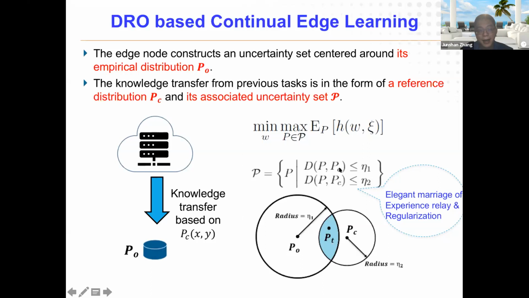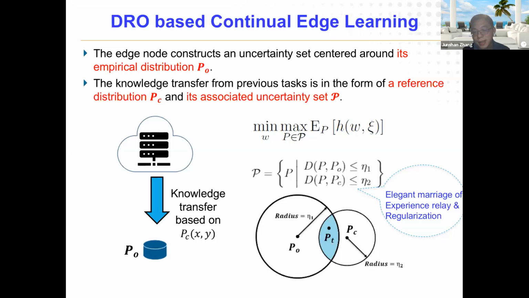The problem for continual edge learning then reduces to choosing the right model subject to the constraints. So there are two constraints offered by the distributional uncertainty sets. It gives us a nice, elegant marriage of experience replay and regularization.